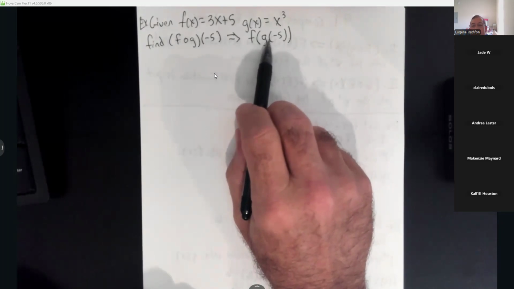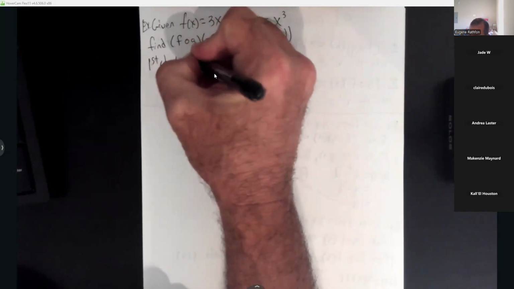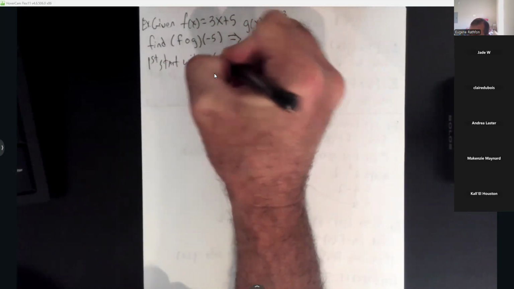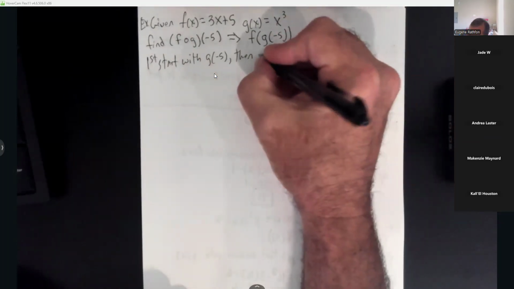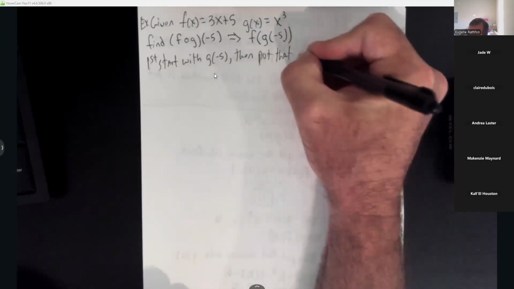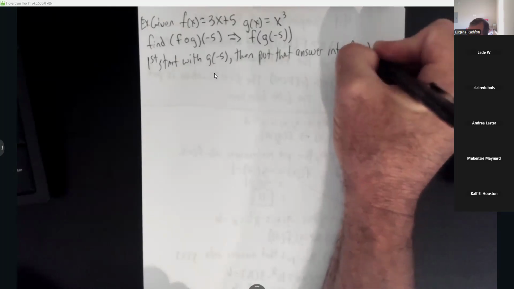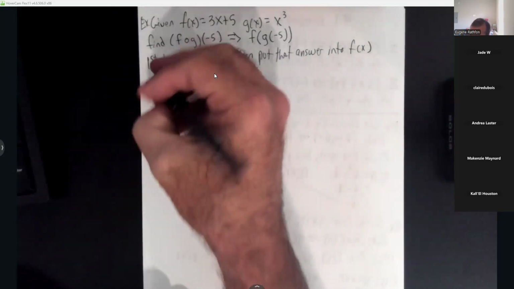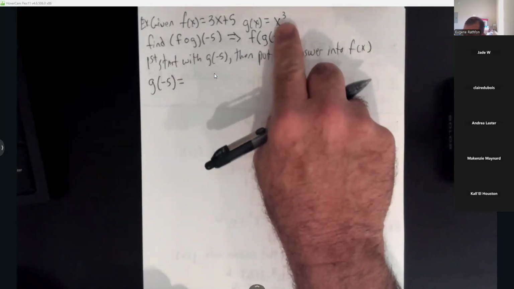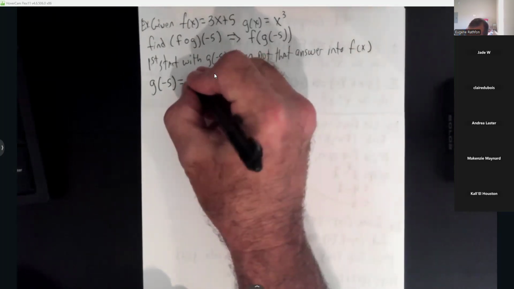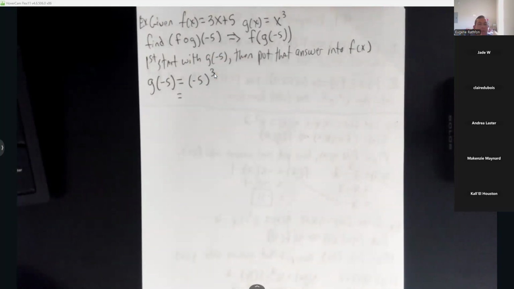So on this one, we first will start with g of negative 5. Then put that answer into our f of x. All right, so let's start with our g of negative 5. That's going to equal negative 5 to the third power. All right, y'all, so what would that give you?